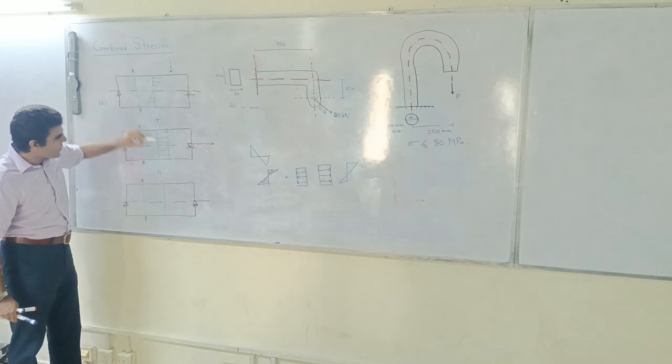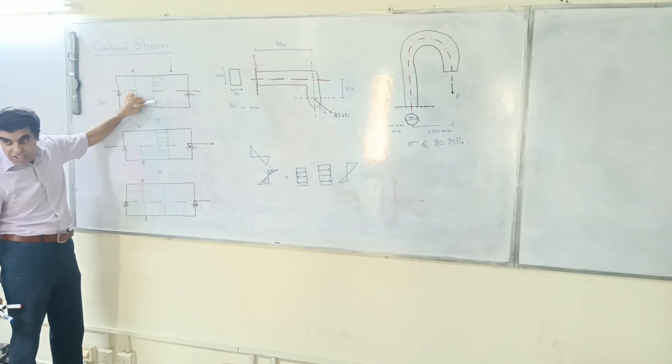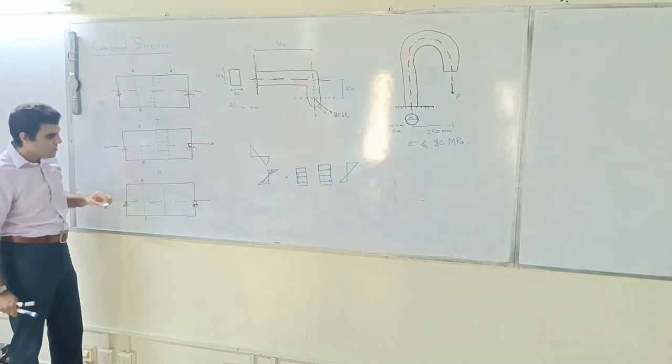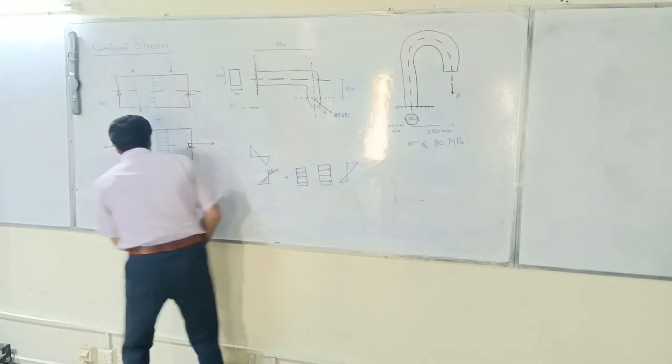Below the neutral axis, I have tension, plus this thing which is already tension due to flexure. They both add into the effect.